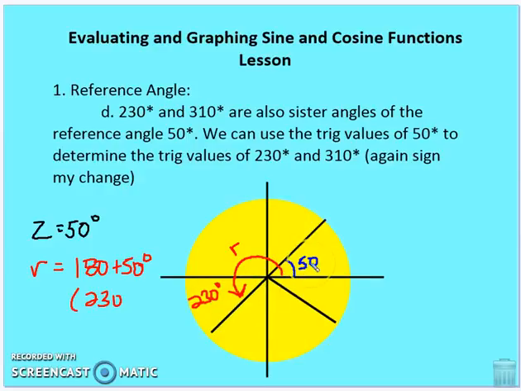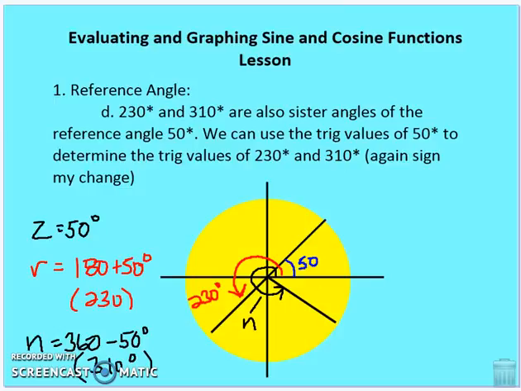So 50 degrees is going to be your reference angle. In the case of finding cosine for 230 degrees, we realize it's in the third quadrant, so the sign is going to be negative. If it were sine of 230 degrees, the same thing would occur. It'd be sine of 50 degrees, and then you would apply the negative sign to that value.